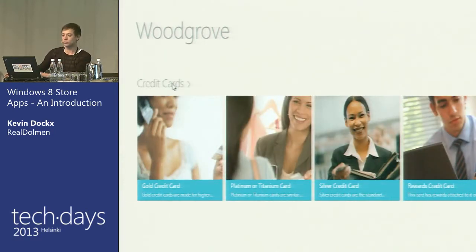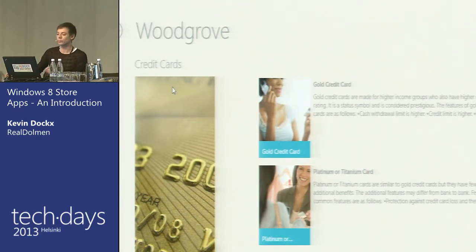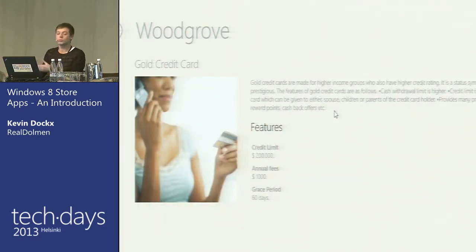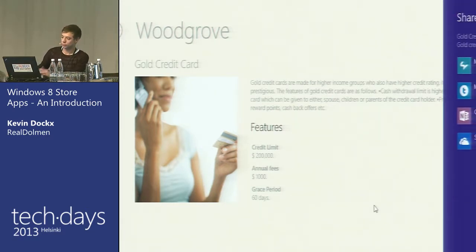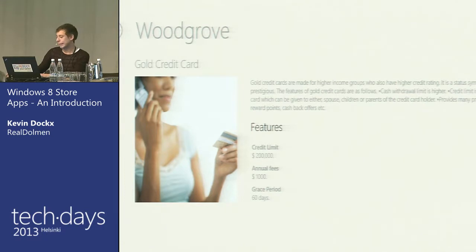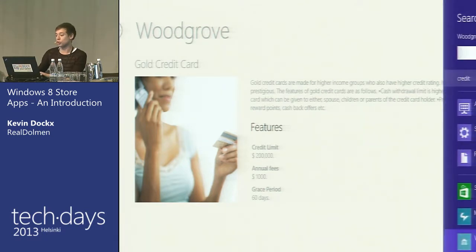We can navigate, this is hierarchical navigation, from the hub page, which is where we were, through this page, kind of a section page, right through to the detail page. From this page, you can share to another application, and of course the application is searchable as well.